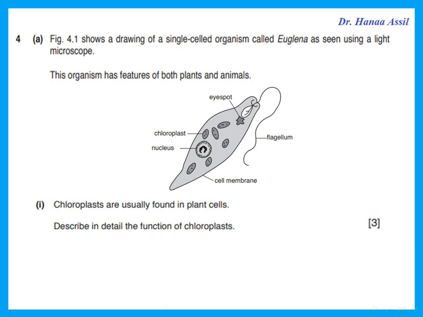Figure 4.1 shows a drawing of a single-celled organism called Euglena, as seen using a light microscope. This organism has features of both plants and animals. Chloroplasts are usually found in plant cells. Describe in detail the function of chloroplasts. So what is the function of chloroplasts in a plant cell?